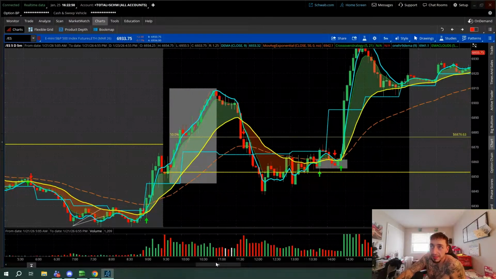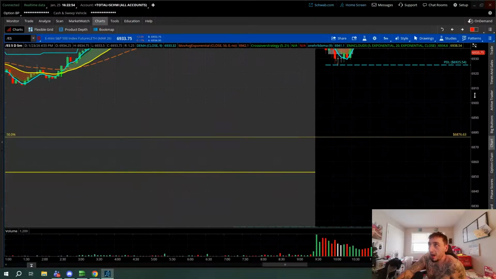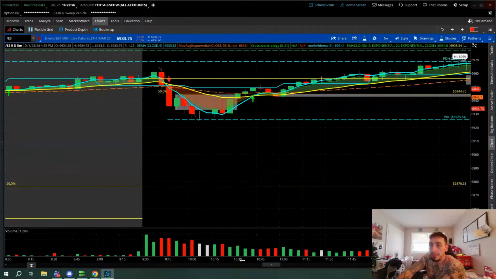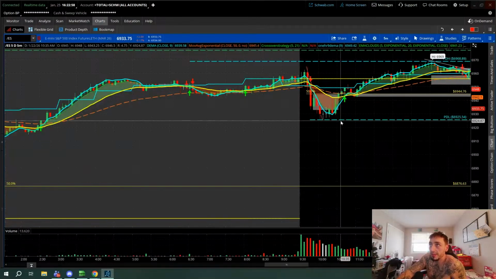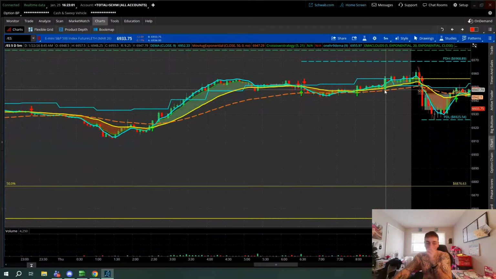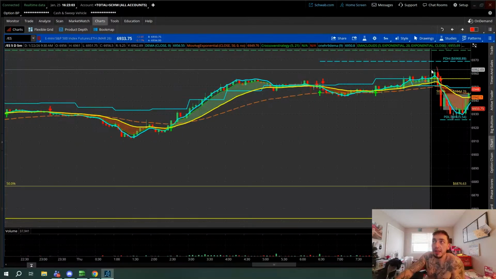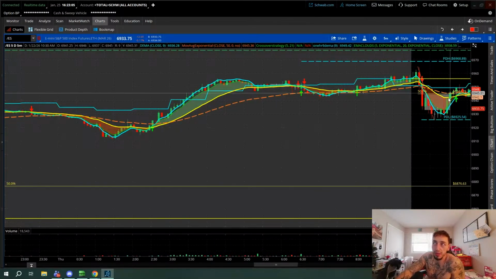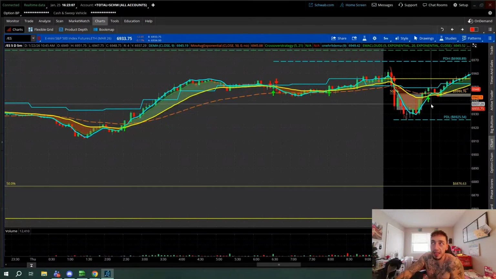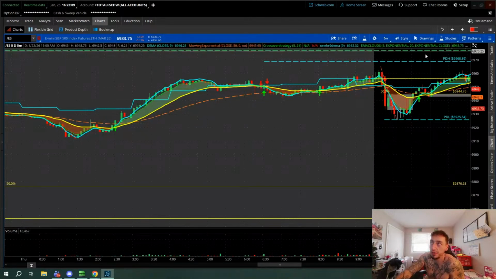Very interesting. This might be something that we start to measure on the data reports. What I mean by that is look at this. Every move we got in the morning, once the reversal happens, you cut it in half, and it respected the Fibonacci on the retracement. Every day this week.